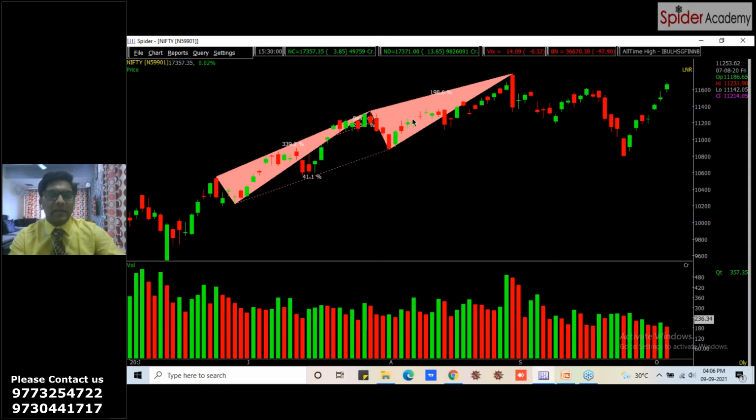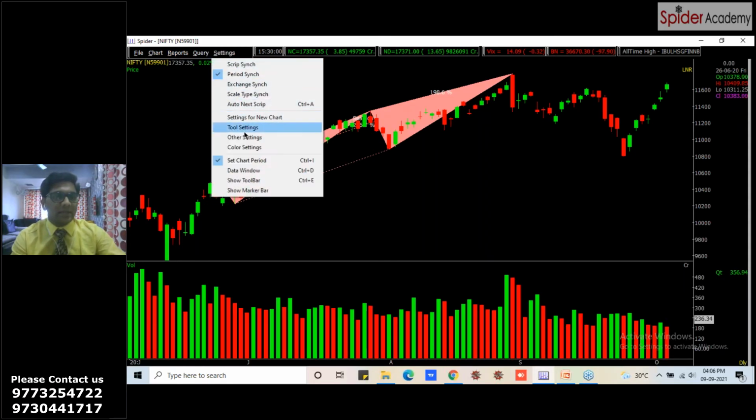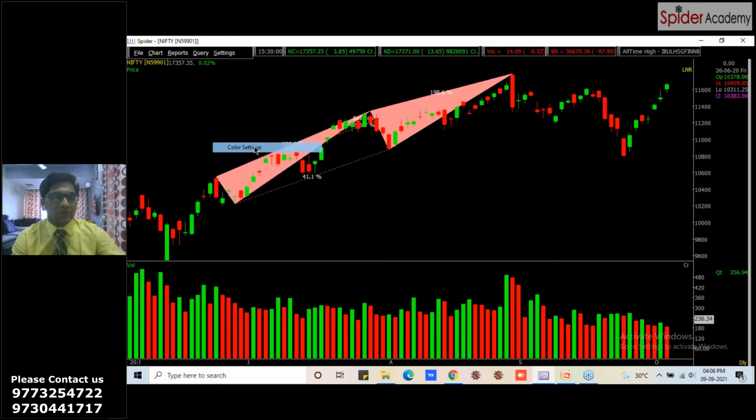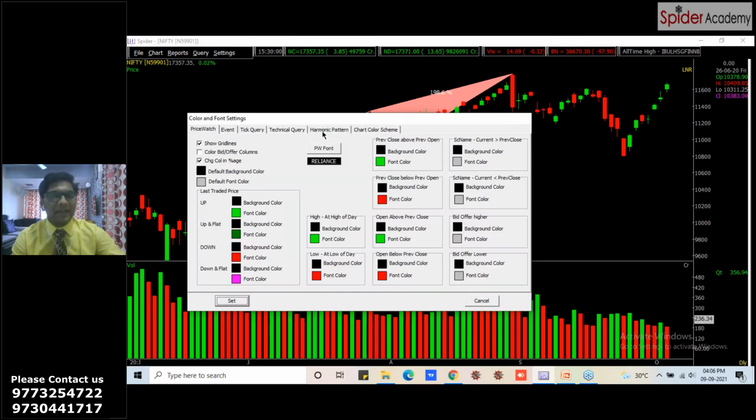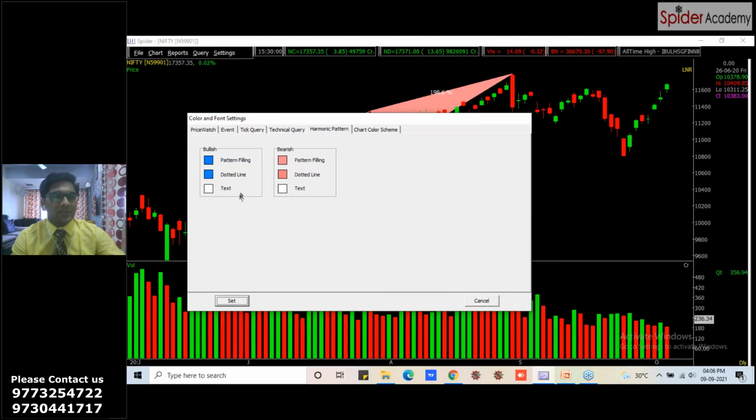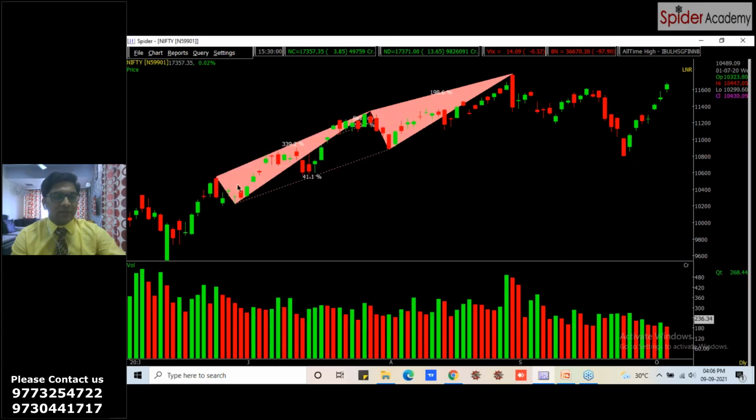If I want to change the colors for these harmonic patterns, I can go to the settings. Here we have a color settings option, then a separate tab for harmonic pattern, and we can change the colors. For bearish I have chosen a light red color, and for bullish a dark blue color. So here we can see the harmonic pattern has been formed.